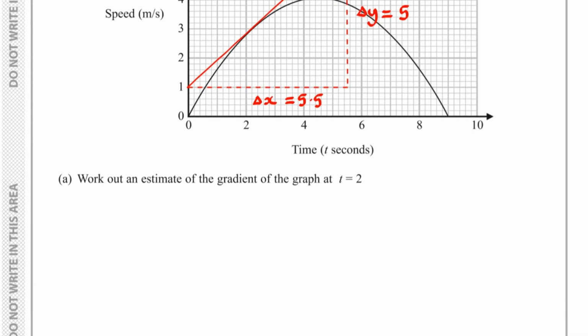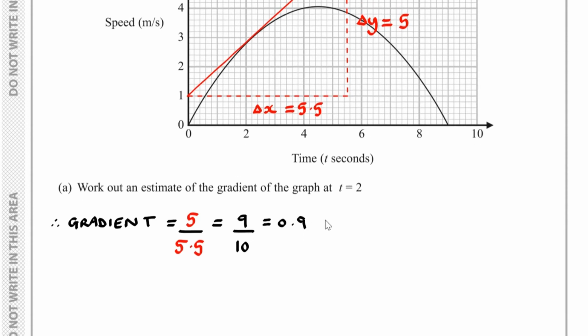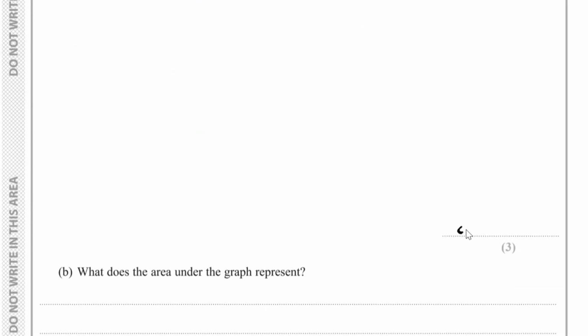So therefore, for the gradient, we've got the change in y, 5, divided by the change in x, which is 5.5, and it turns out, if we work this out, we get 9 over 10, which is 0.9. So the gradient is 0.9.